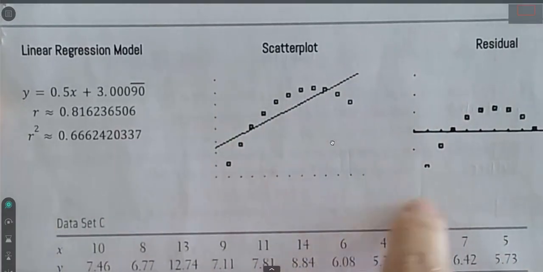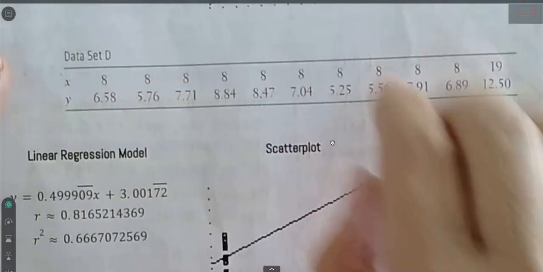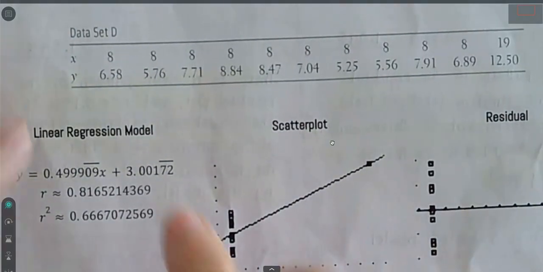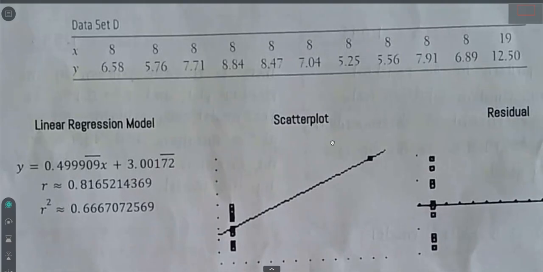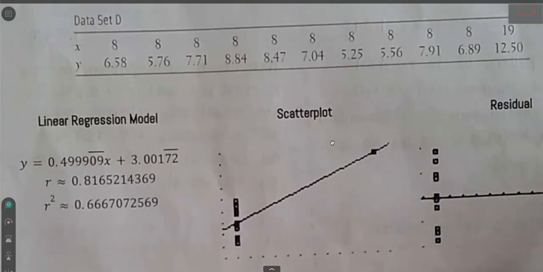So this is data set B, this is data set C, and this is data set D. In every situation, R and R squared are very close together. So we have a situation where we're not really sure which regression model is best because all of our R's and R squareds are about the same. If you are trying to figure out which regression model would be best, but all of your R's and R squareds are very similar, you can use a residual to figure this out instead.